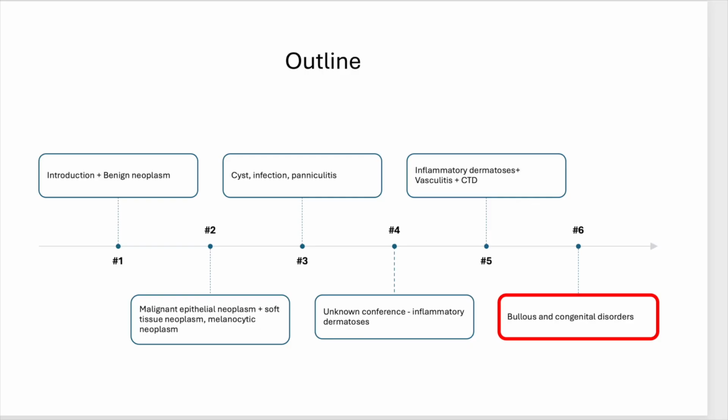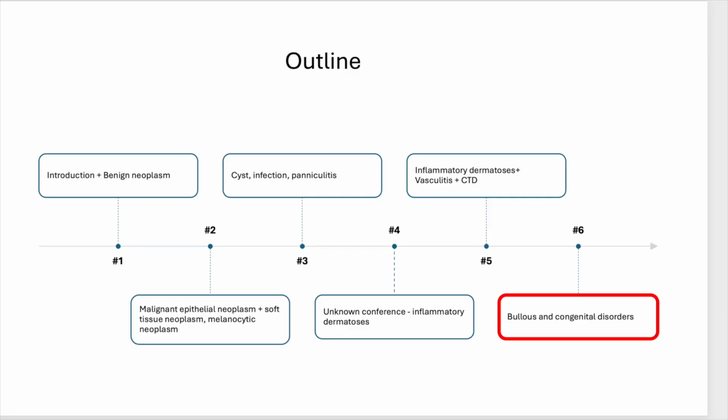And I will admit that these congenital and bullous disorders may not be the most high-yield topics in your daily dermpath sign-out right now, but I can promise you this: we are going to use this opportunity to go back to basics, the foundational histology as well as the physiology of the skin structure.